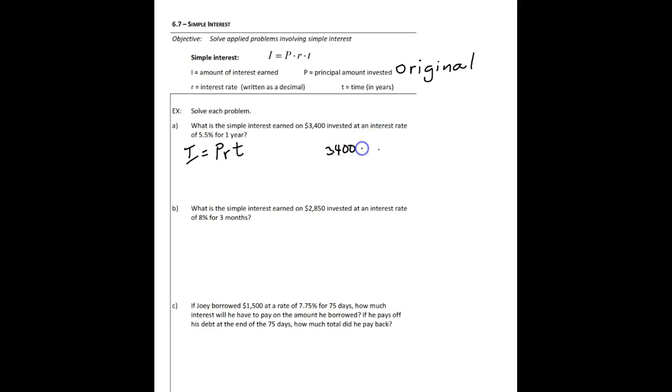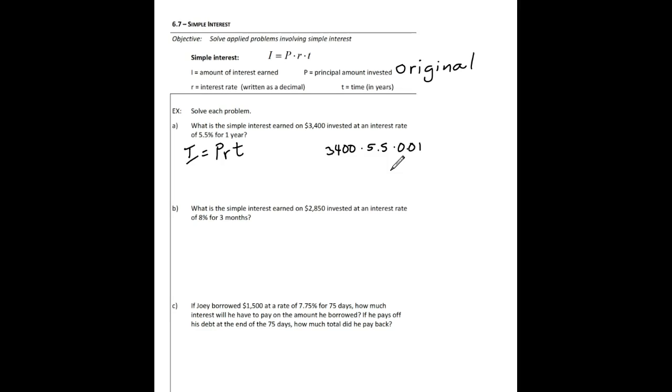And our interest rate is 5.5%, but we also, of course, know that 5.5% means times 0.01. Now, if you just know that 5.5% is 0.055, then I'm okay with that. I'm okay with you actually just entering that in. But otherwise, I need you to remember to put 5.5 times 0.01.